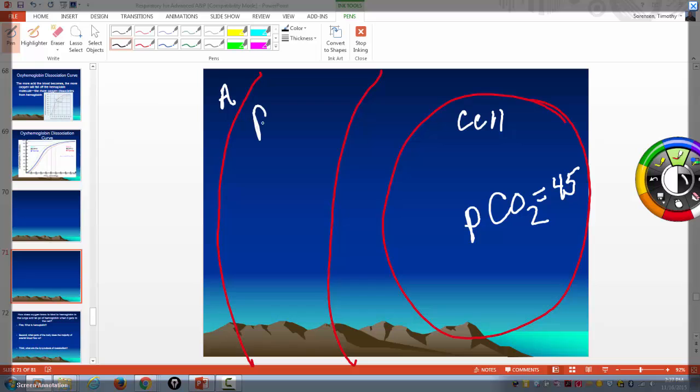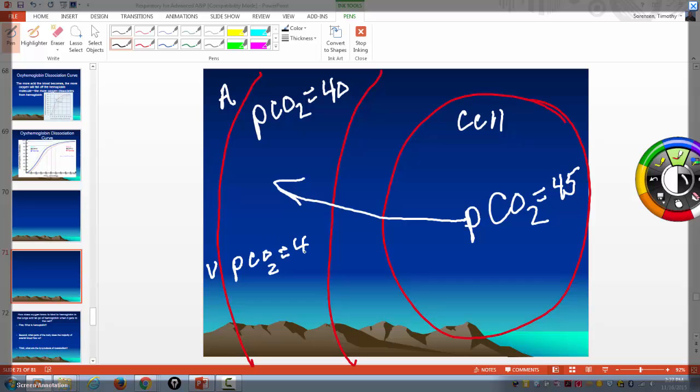So the PCO2 of arterial blood is 40. So where's the CO2 going to go by pressure? It's going to leave the cell and go into the blood until the venous end becomes equal to that of the cell. So what's the PCO2 of venous blood? It's 45.